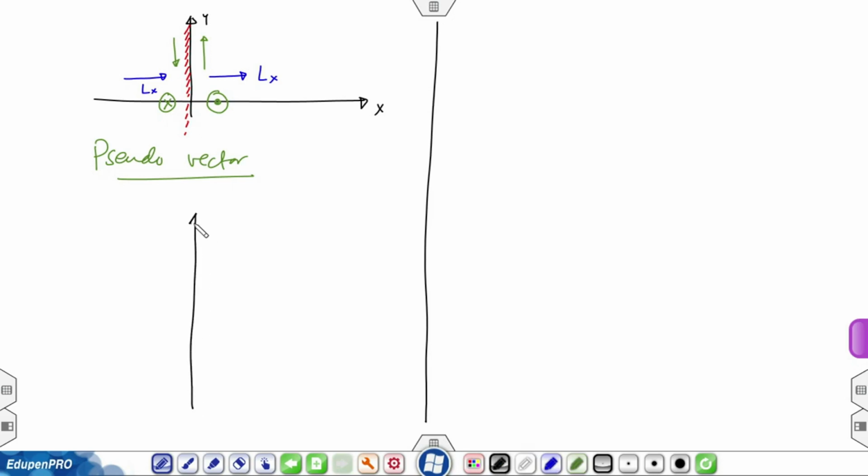Again, let me make the y axis, the x axis. If I want the L going in the x direction, and I take a disk, this disk must be rotating like this, as shown. The dashed line shows the back side, and therefore, L is in x direction.